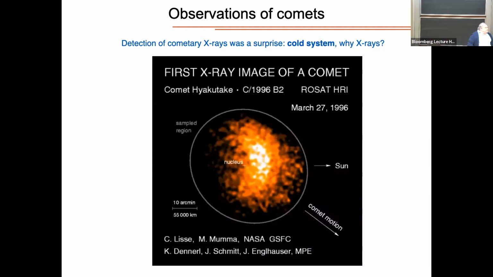Various theories were proposed, but what you should take into account is the nucleus is here. The sun is over there, so this crescent is pointing toward the sun, so it's actually in front. Looks like a shock. So several theories, or ideas, I should say, have been proposed which involve a shock. Maybe we have a shock here, and the shock acceleration creates a power-law of energetic electrons, which then emit X-rays.